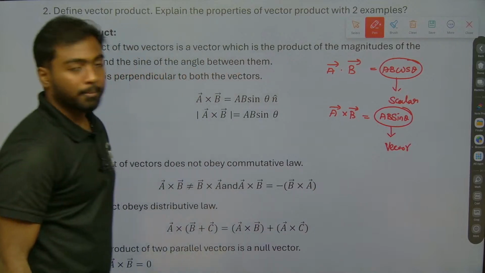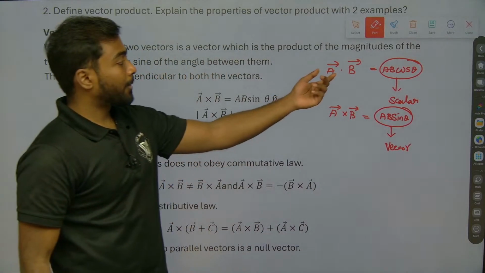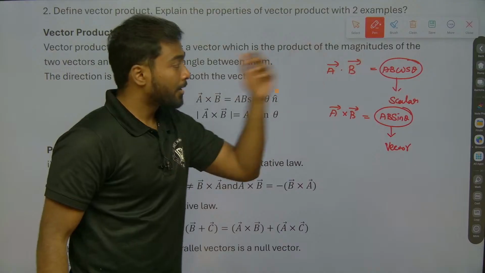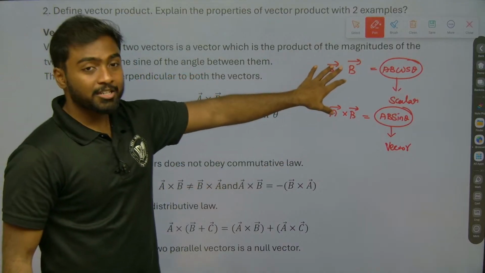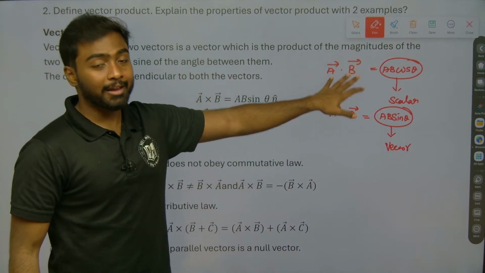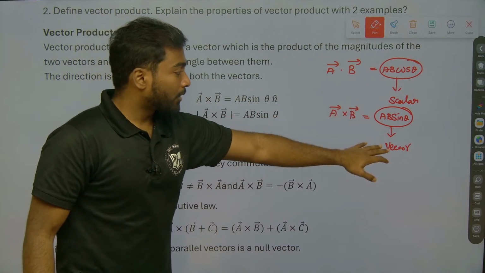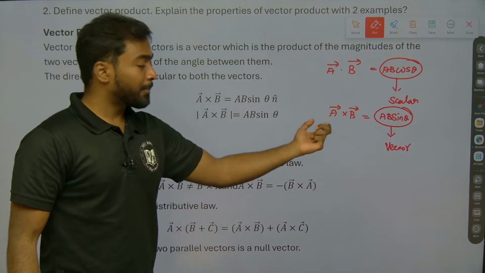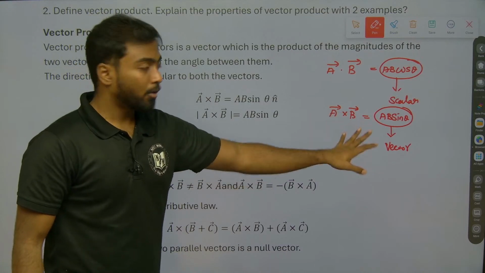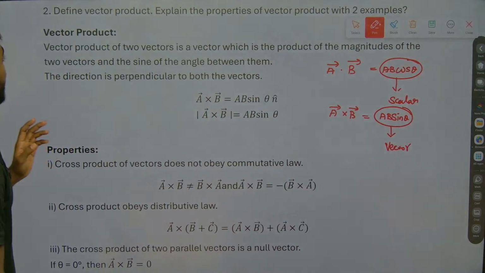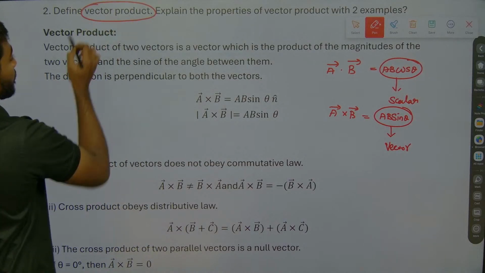When two vectors are multiplied, if the resultant is a scalar, then that multiplication is called a scalar or dot product. And when we are multiplying two vectors and the resultant is also a vector, then that multiplication is called a vector or cross product we will say. So that cross product only we are going to discuss now.